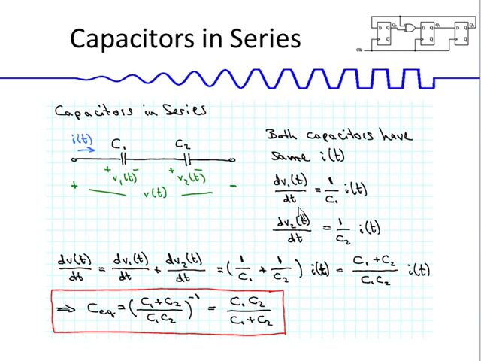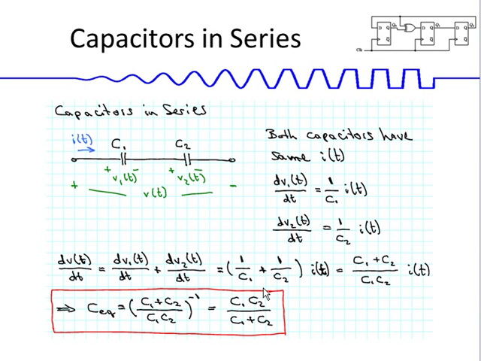Then we add those up to make V(t), so dV(t)/dt is dV1(t)/dt plus dV2(t)/dt. That gives us 1 over C1 plus 1 over C2, times I(t).